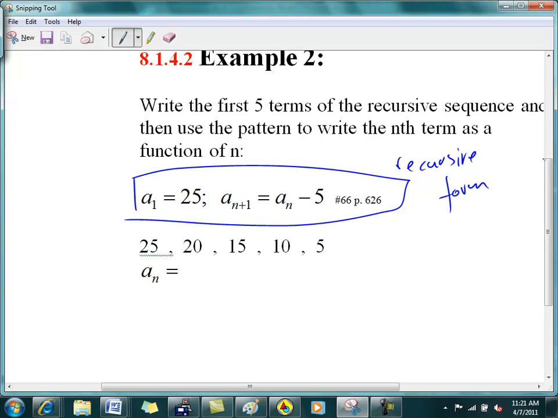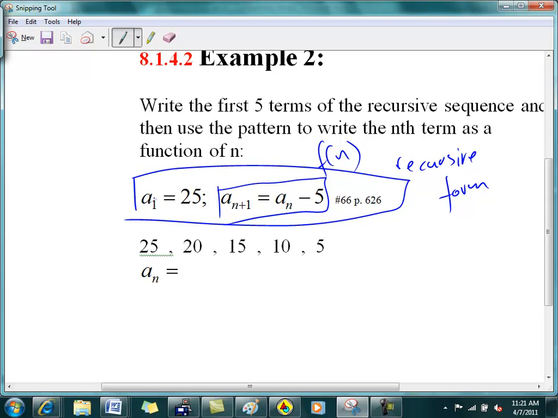Why is that called recursive and not functional? That's right, because if you really look at the relationships there, it's not a function of n explicitly. Okay, it's a function of a sub n. In other words, it depends on a previous term. It doesn't just have to be the previous term, it can be a bunch of previous terms. Okay?